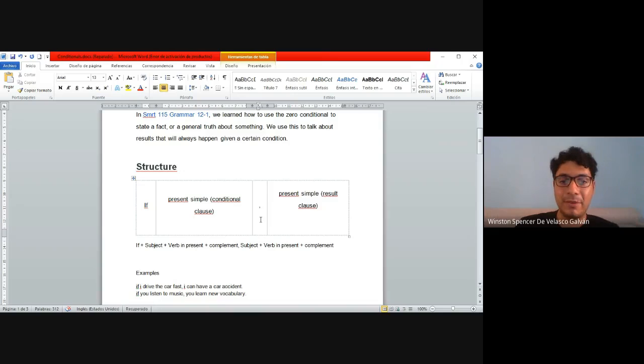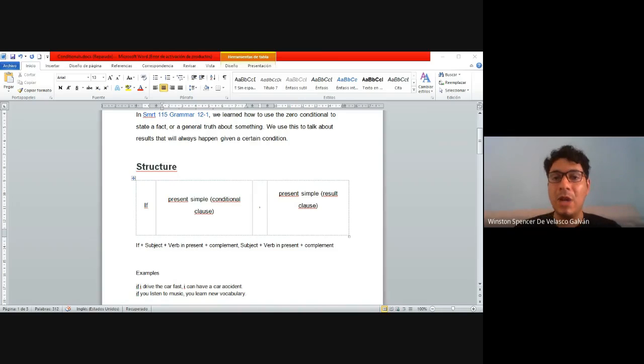It's a grammar rule. We need to add the comma all the time without exception. And after the comma, we need to write one more time a sentence in simple present, which is going to be the result of the first sentence, the first condition.